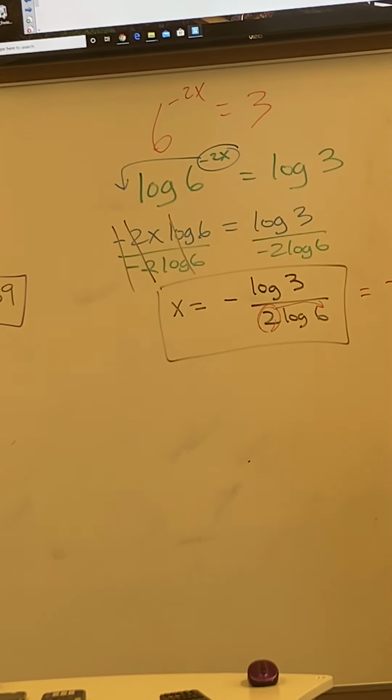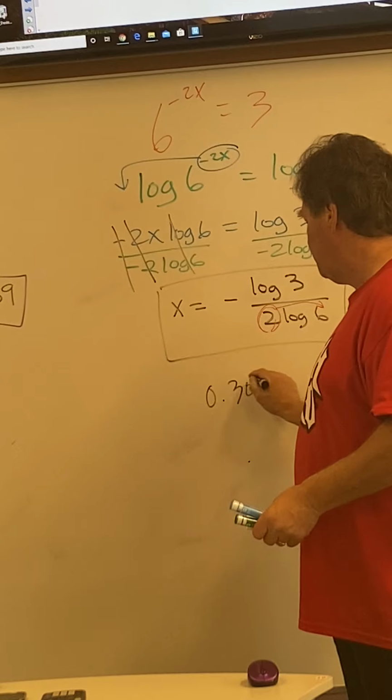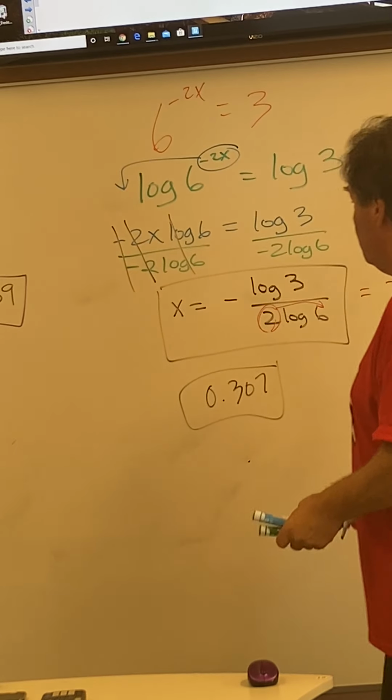That's going to be a little bit easier to plug into the calculator, because now I just do log 3 divided by log 36. I'll do it on this one. So here we go. I'm going to do log 3 divided by log 36, and then I hit equals. 0.30657, so about 0.307. So 0.307 is what it is as a decimal.